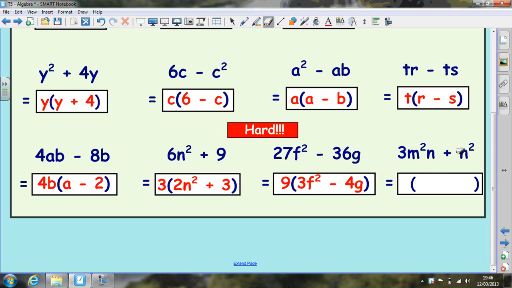Lastly, we've got a 3 and a 1, so you can't take anything out for 3 and 1. But you can take an n out because there's an n appearing in both parts there, so we'll take an n out. n multiplied by 3n squared will give the first bit, and n times n makes n squared.